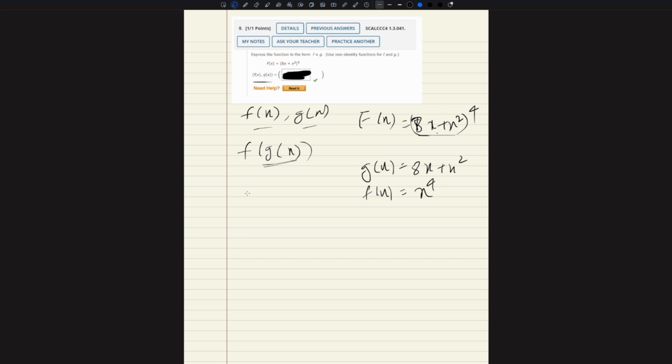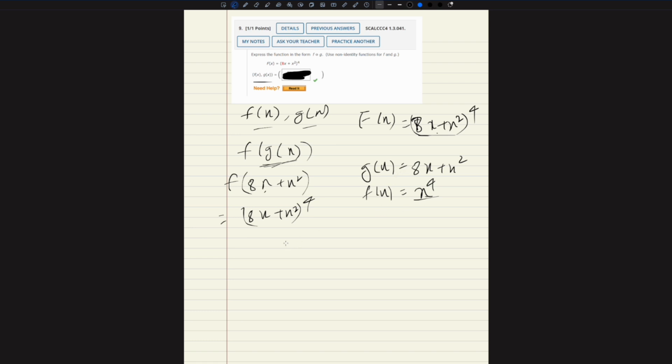Now let's try to solve it here. If g of x is 8x plus x squared, and f of x is x to the power 4, we need to replace x by this value. So it will be 8x plus x squared, to the power 4. Now this is identical to this, so that verifies our answer.